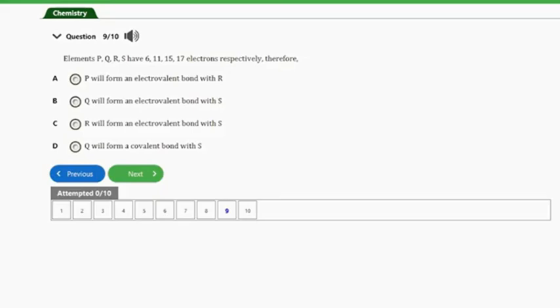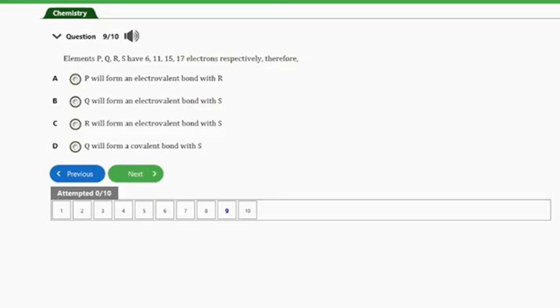So you find out that it's a metal that can ionize by losing 1 electron. So it's a group 1 metal, whereas S is 17 electrons. So guys, in this case, S is a non-metal and actually a group 7 non-metal.